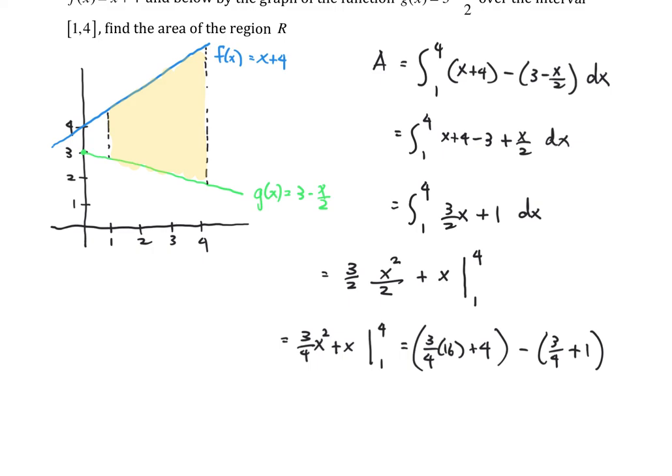When we simplify this, we are going to get 57 over 4 units squared. So the units for area are square units, because if you think about it, you're multiplying a length times a width. So I'm going to highlight this. It's my final answer, and we will continue this in another video. Take care, everyone.